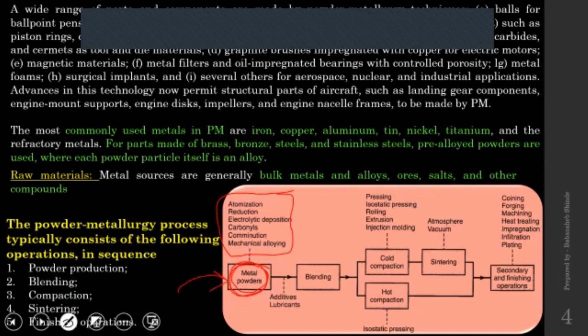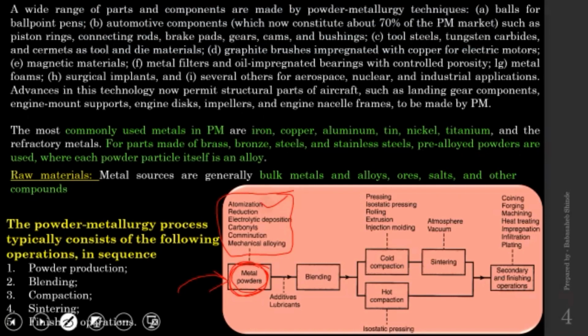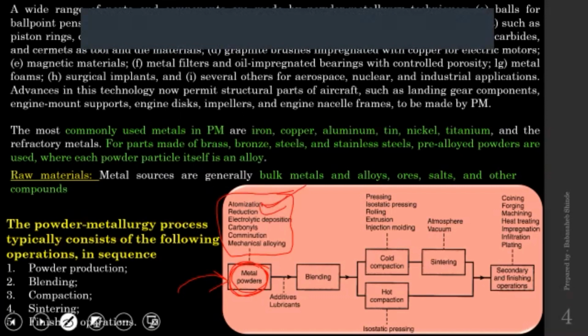Techniques like atomization are there. That is not automation, right? Automation and atomization are two different things; I have seen many people getting confused between those two terms. So it is atomization, then chemical reduction, electrolytic deposition, carbonyl formation, then comminution, and mechanical alloying are also there.